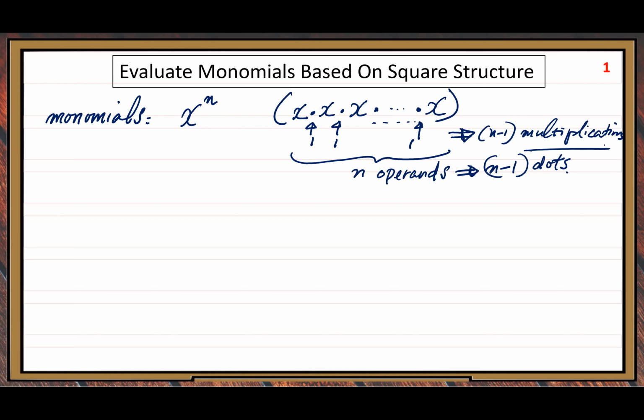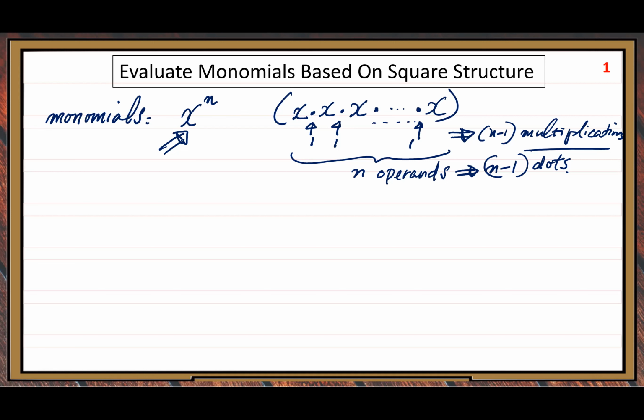The question is, can we do better than this? Can we do better than these n minus 1 multiplications? Can you see a better way to find the value of this power form in a much faster way?